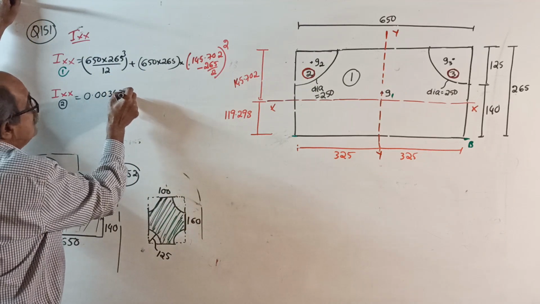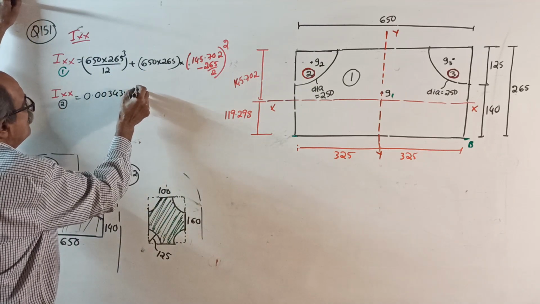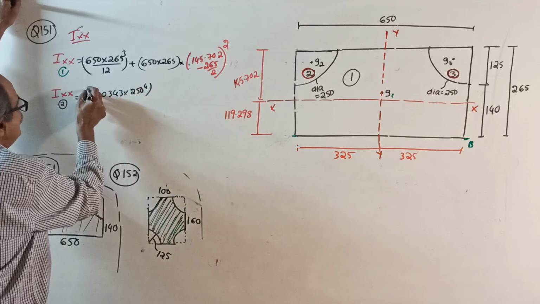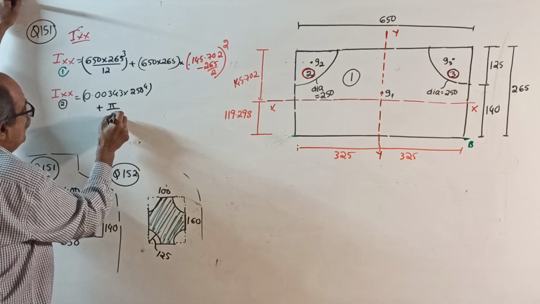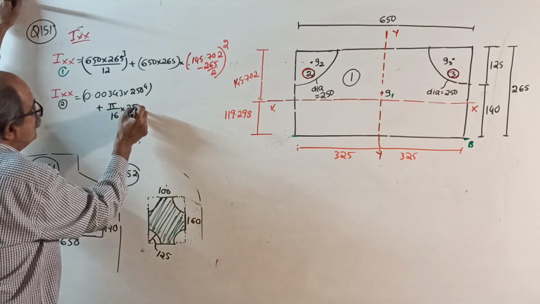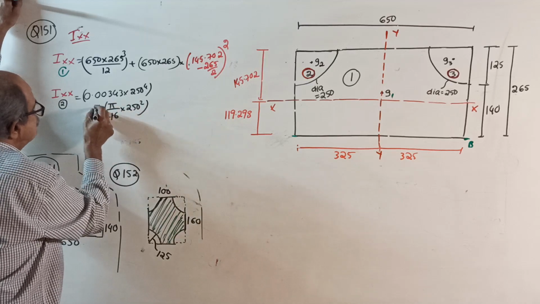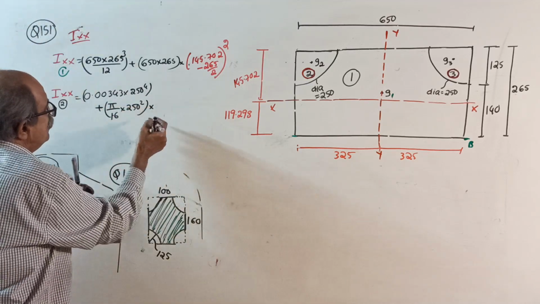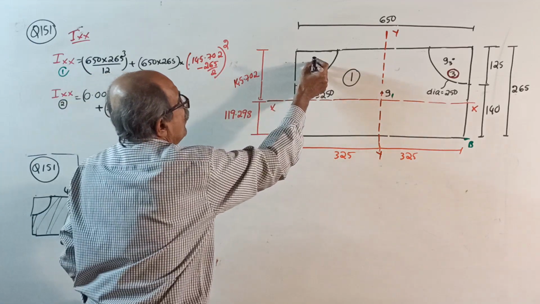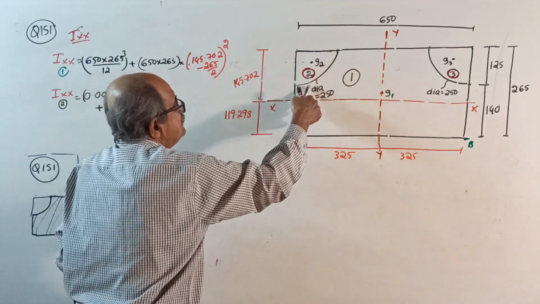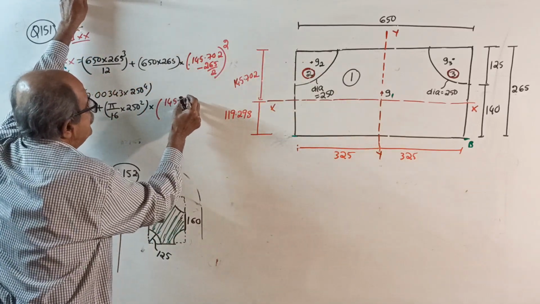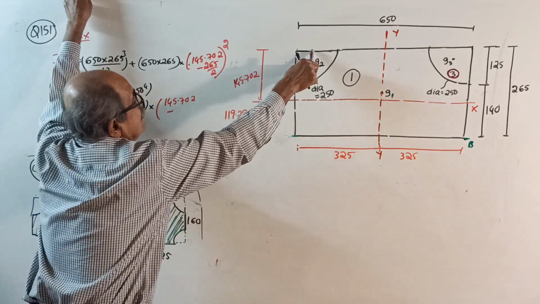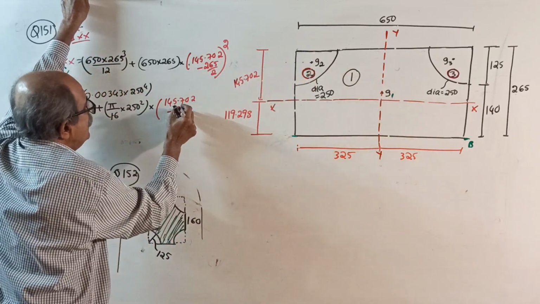0.00343 into diameter 250 power 4, Ig, plus area pi by 16 of 250 square is the area, into from centroid to xx, this distance square, 145.702 minus this distance, which is 2 into diameter.